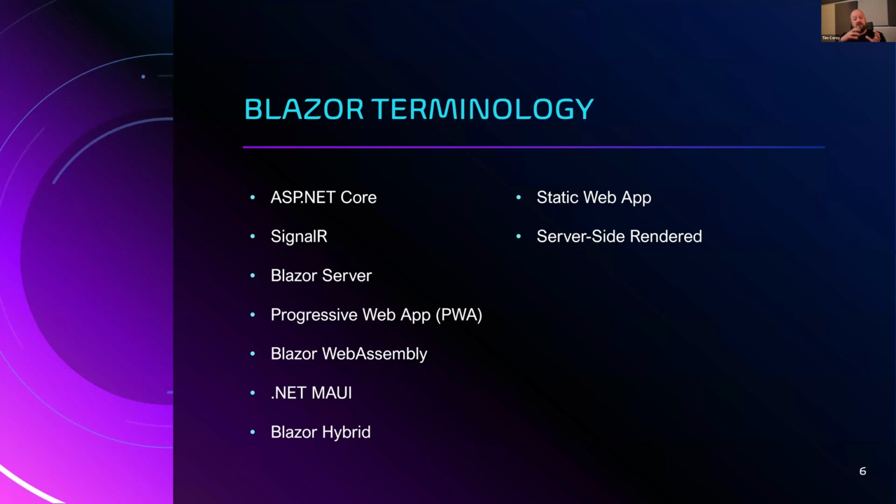Server-side rendered. So we're going to talk a lot about server-side, client-side, and Blazor kind of says, hey, let's just blend all that together, which makes things a little interesting to talk about. But server-side rendered is what you'd get with MVC or PHP or other languages where everything gets done on the server. So you have your code on the server, but then it spits out HTML and CSS and gives that to the client.